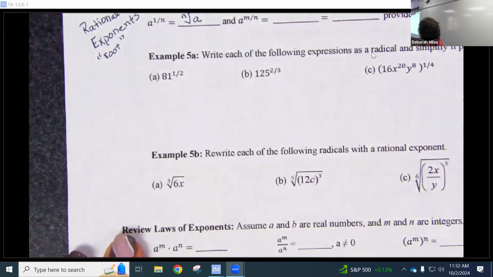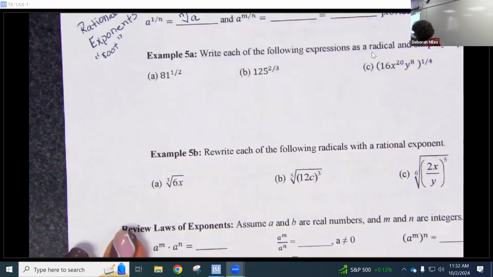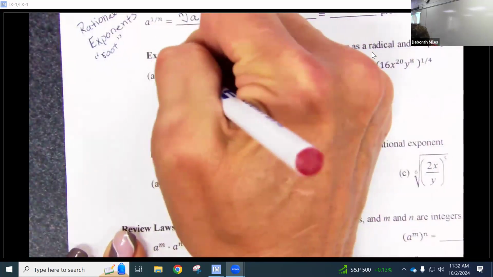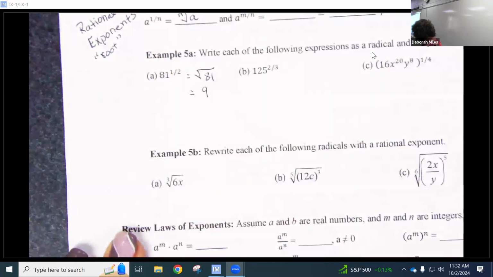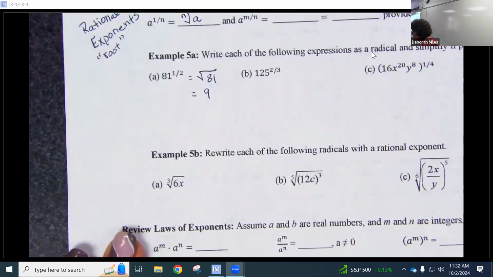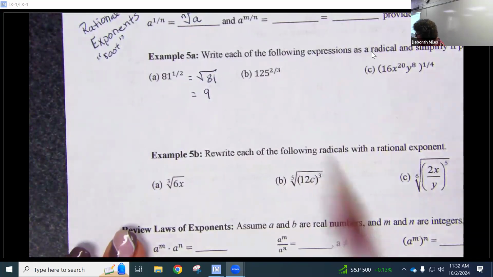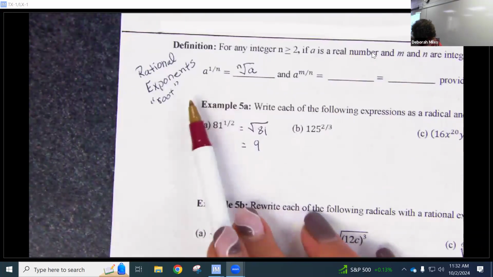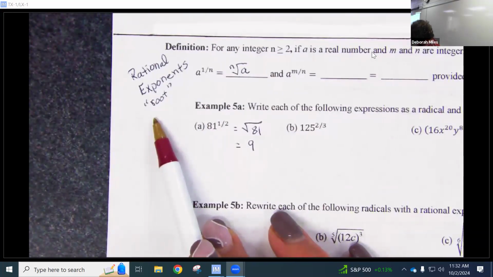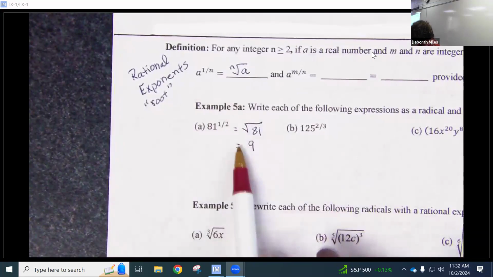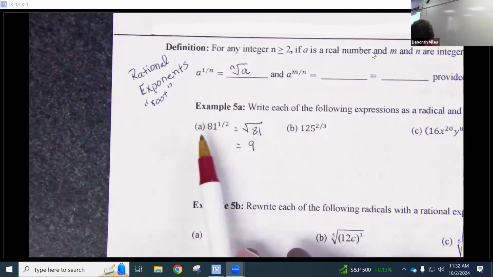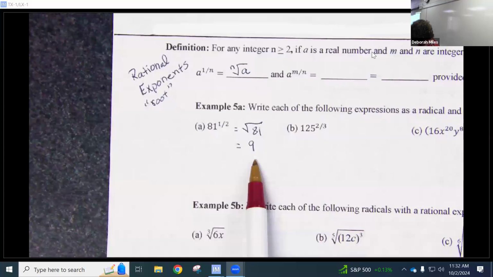Second root. And what do we call second root? We don't usually say second root. We say square root. 81 to the 1/2 just means the square root of 81. It's 9. If when you see a rational exponent, the word root pops in your head, then it's easy to work with. It's easy to change that to an expression with a radical and then evaluate it.